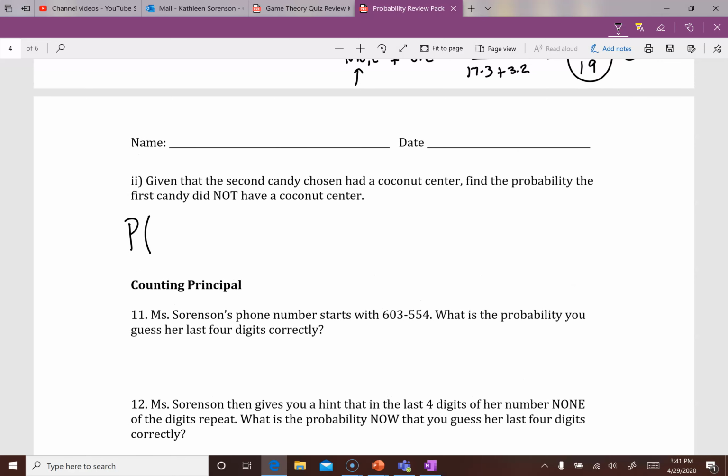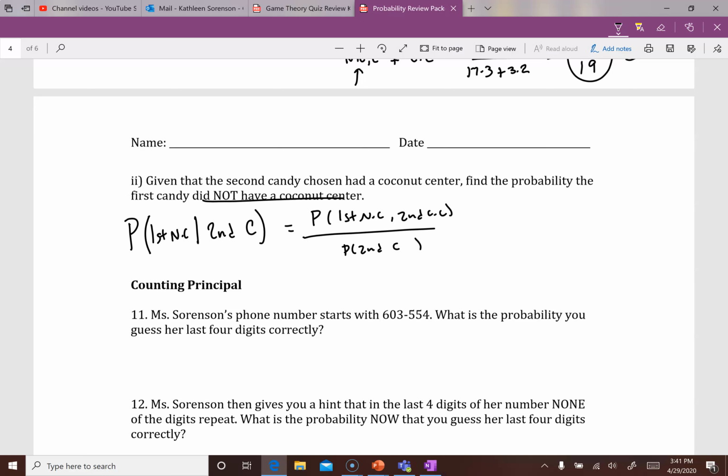So given that the second candy was coconut, what's the probability that the first was not coconut? Okay, so that's going to be equal to the probability of first not coconut and then second coconut, divided by the probability of second coconut.